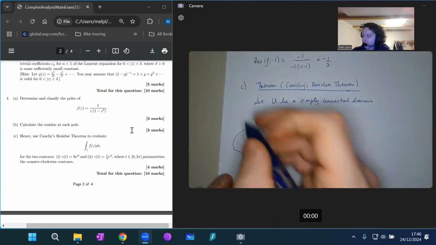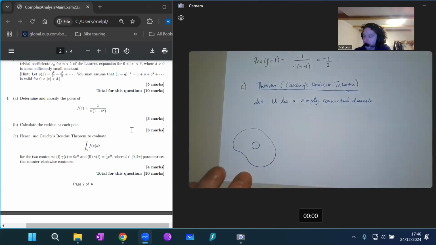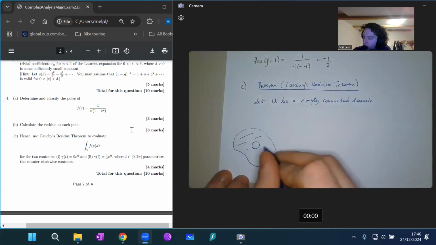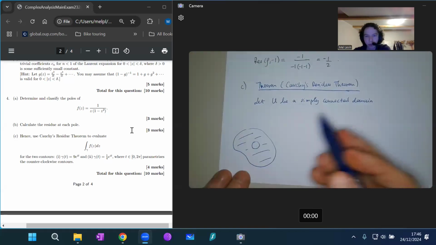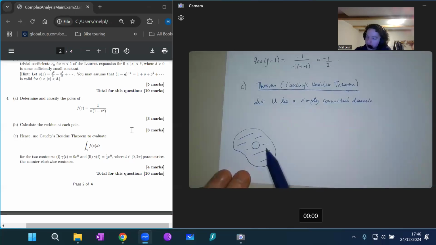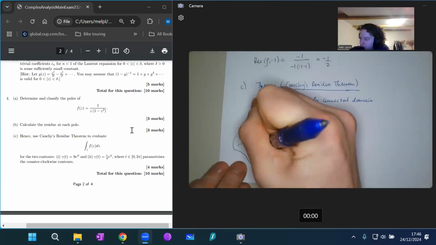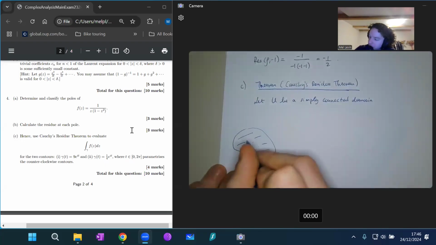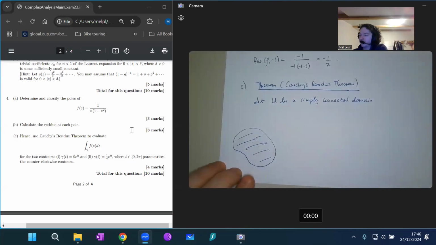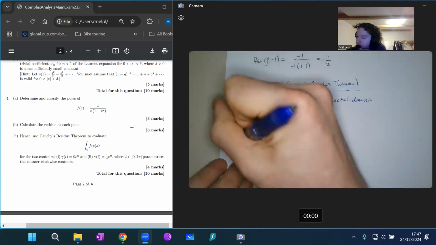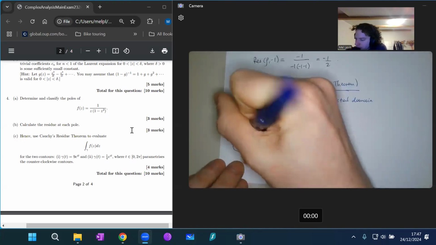For example, if I put a hole in this and made it into a ring, it would still be connected, still one piece, but it wouldn't be simply connected because there's a hole in there. So think of it as just some kind of blob, or you can think of a disk, for example. It's a simply connected domain.